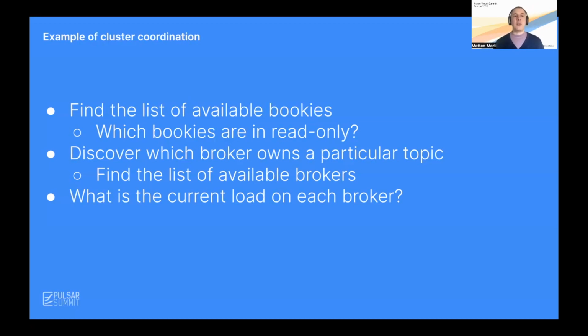Similarly, in many cases we need to figure out what the available servers, brokers, are, and that is a dynamic list of the brokers that are currently up and running and can maintain a session with the metadata system. Another one, which is very, very important as well, is I want to know what the current load on each broker is.